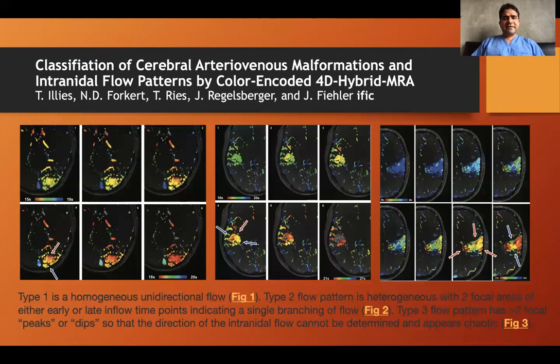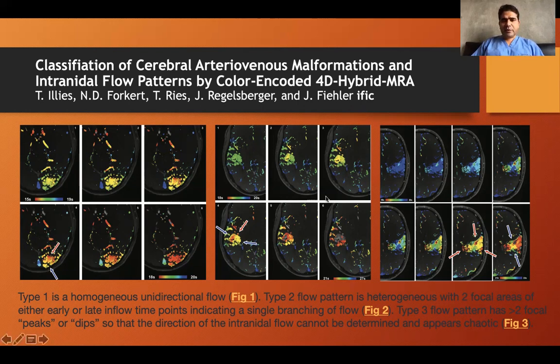And this is the latest classification of cerebral AVM based on intranidal flow patterns by color-encoded 4D hybrid MRA. They have subclassified it into three groups. Type 1 is a homogeneous unidirectional flow, you see here.